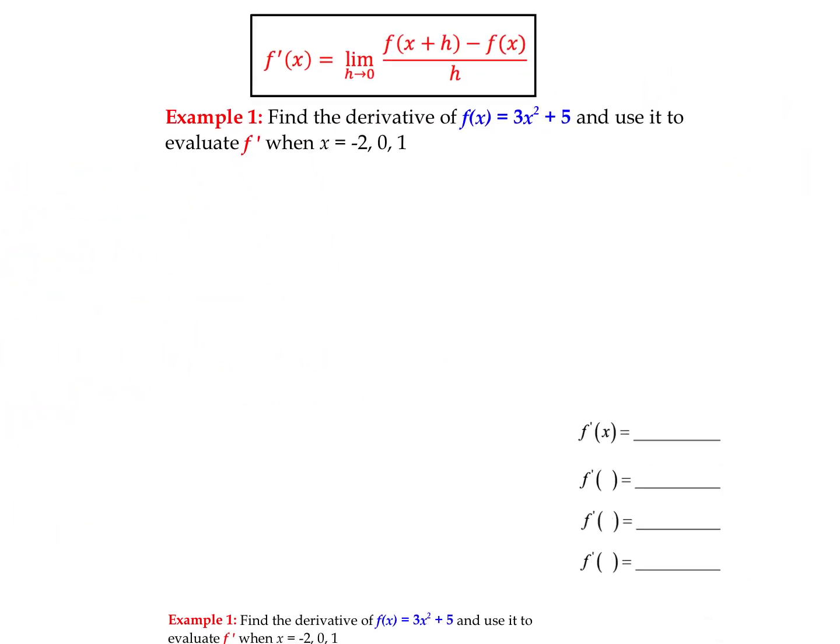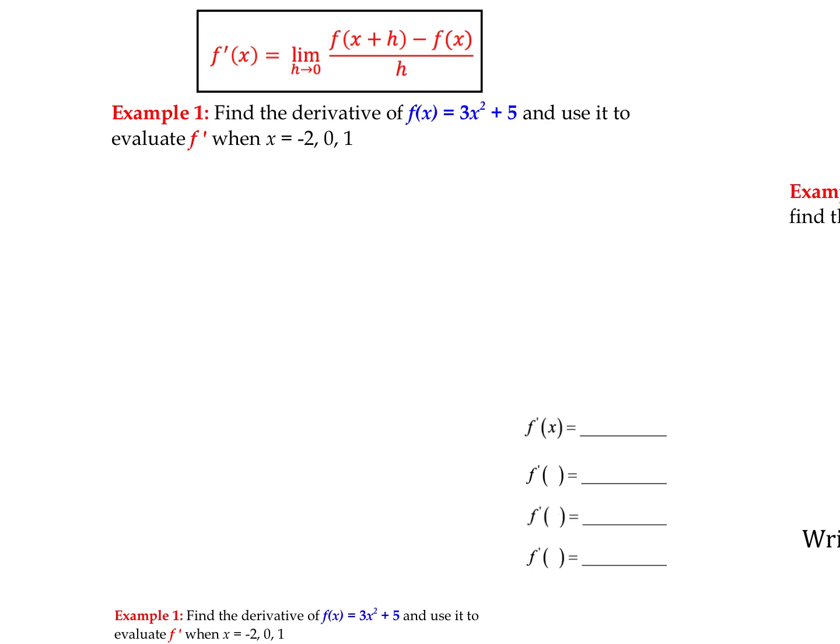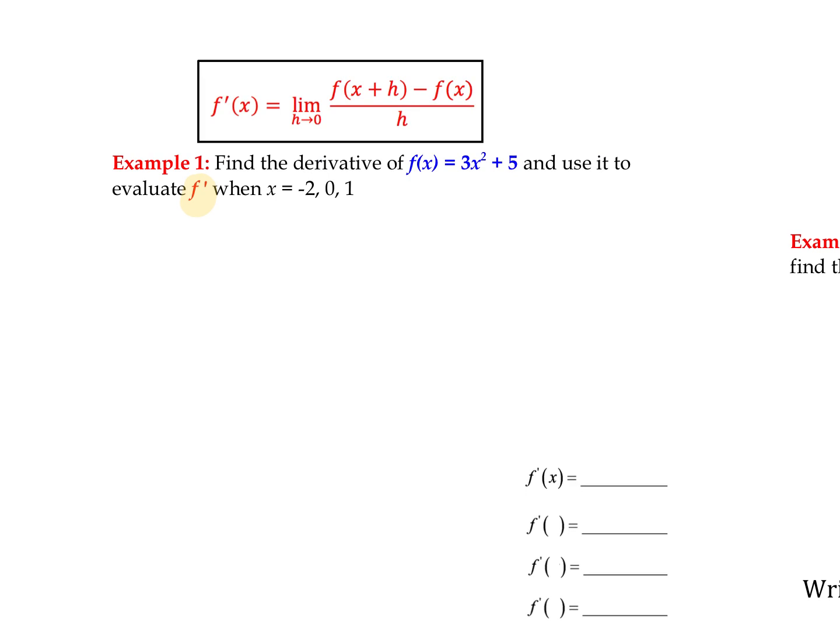All right, here we go. We want the derivative function. We want to find f prime. So we want to find the derivative and then evaluate it at 3 different points. So let's find the derivative of this function, 3x squared plus 5.